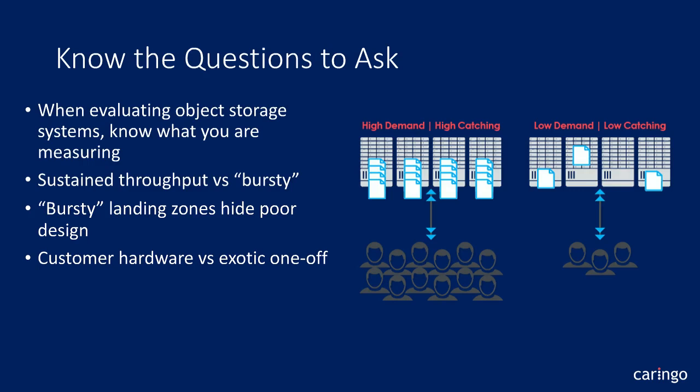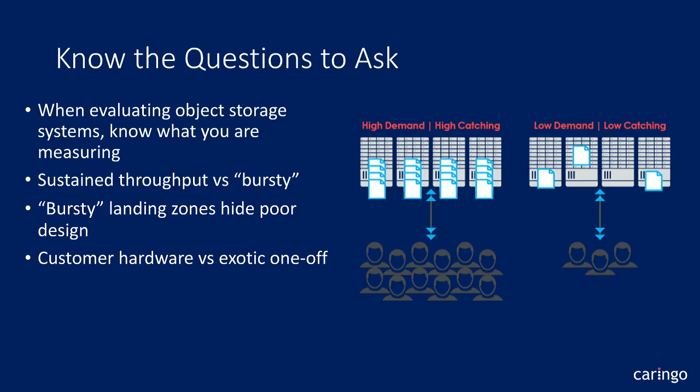We see some designs where people, for example, use NVMe caching or SSDs, a small amount of that, because that's very expensive stuff, in front of a large pool of questionably designed back-end storage.